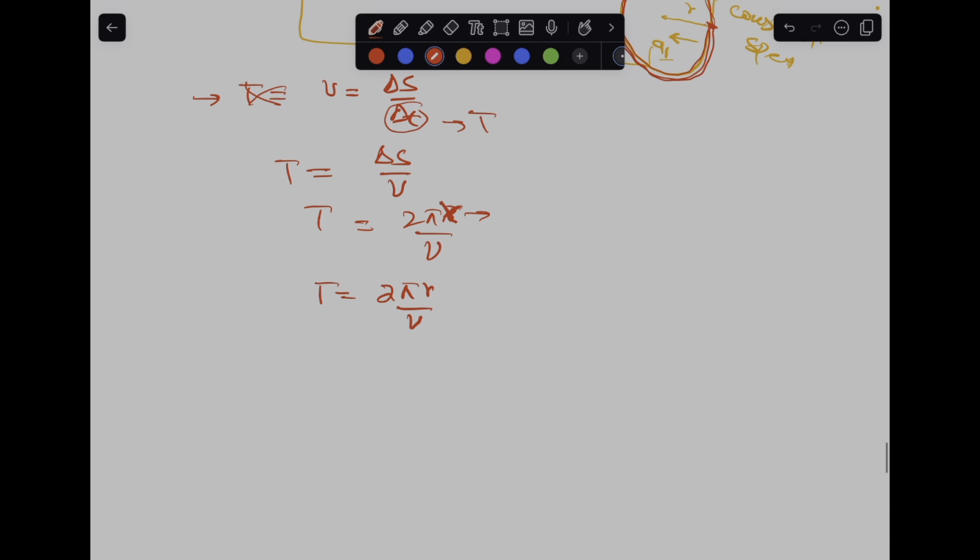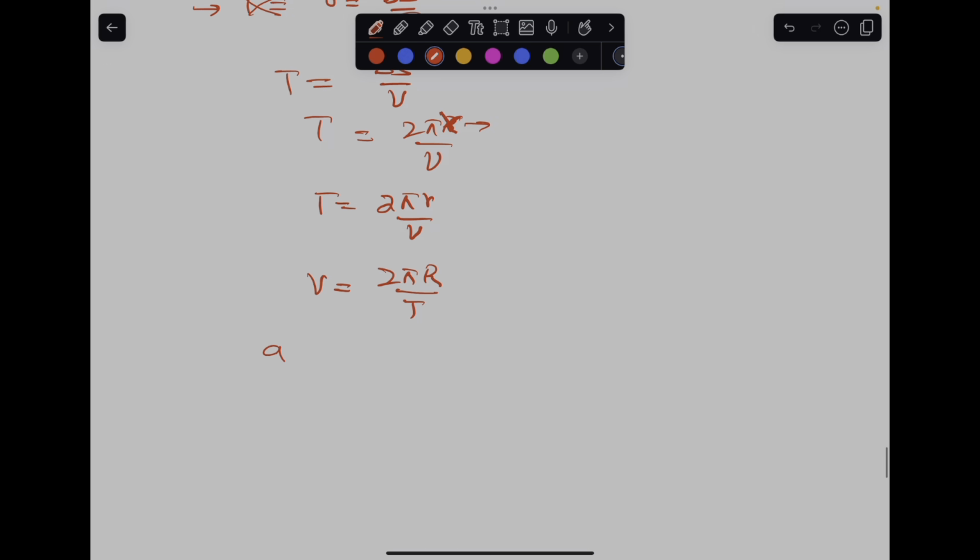So we can find the velocity if we know the time period, which is v equals 2 pi r over T. So your centripetal acceleration or radial acceleration will become v square over r, and your v is 2 pi r divided by T, squared.